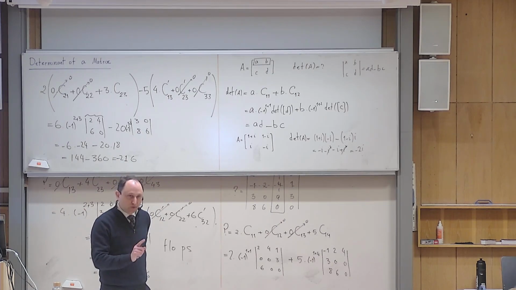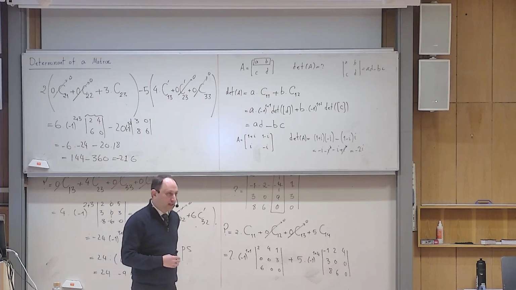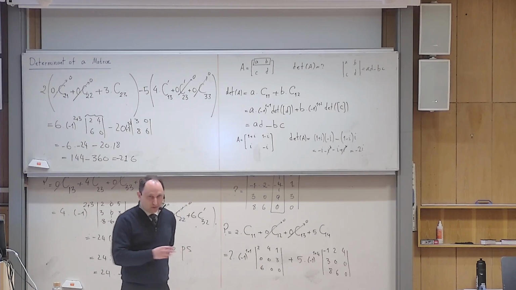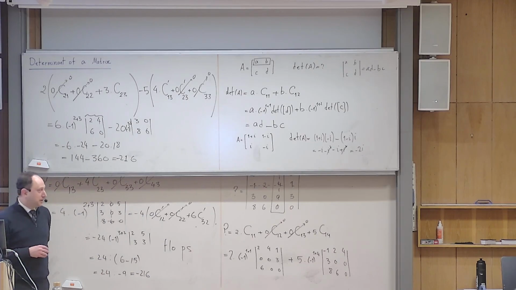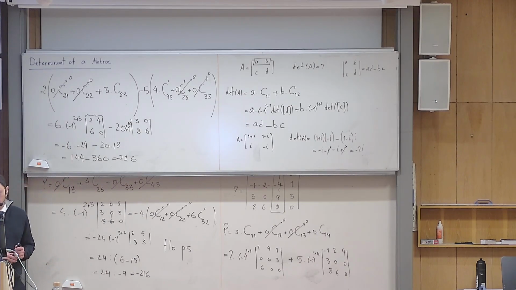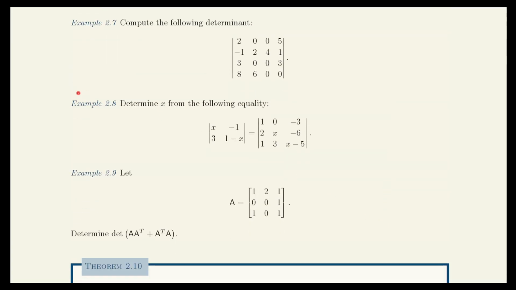But still there is one question. If I know it's invertible, how should I compute its inverse? We will come back to this question a little bit later after I talk to you about the theory of determinants a little bit more.